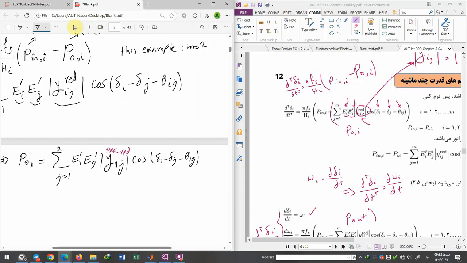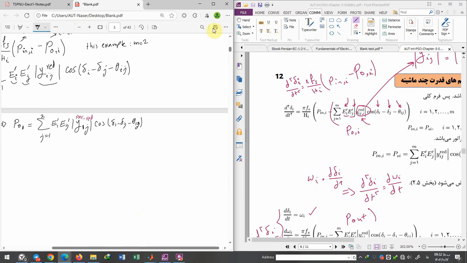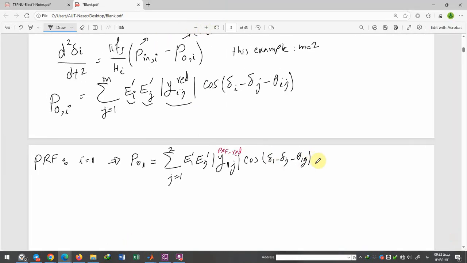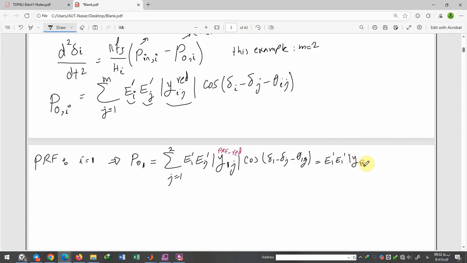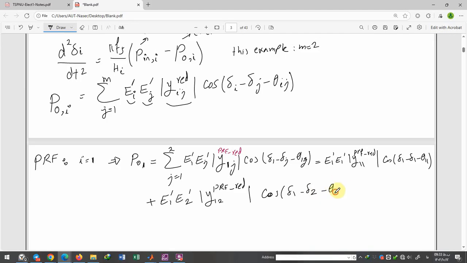After that we can extract it as E1 prime E1 prime Y11 pre-fault reduction cosine of delta 1 minus delta 1 minus theta 11, plus E1 prime E2 prime Y12 pre-fault reduction cosine of delta 1 minus delta 2 minus theta 12.